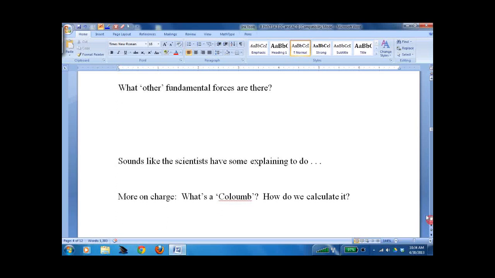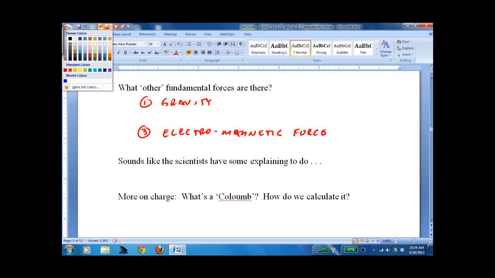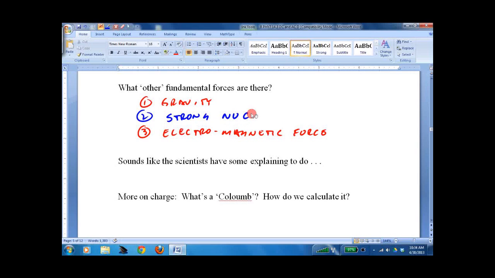It's one of the fundamental forces in nature, like gravity, like we already talked about, the electromagnetic force. Negative attracts positive, negative repels negative, positive repels positive. And I just talked about it, the strong nuclear force, which is hilarious when you think about it.